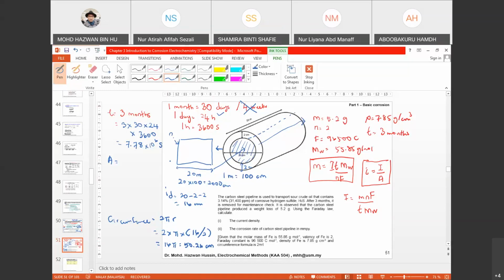So this now becomes 50.26 centimeters. The area will be the circumference, 50.26, multiplied by 2000 centimeters.